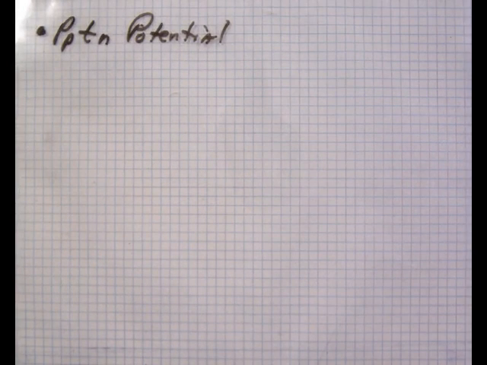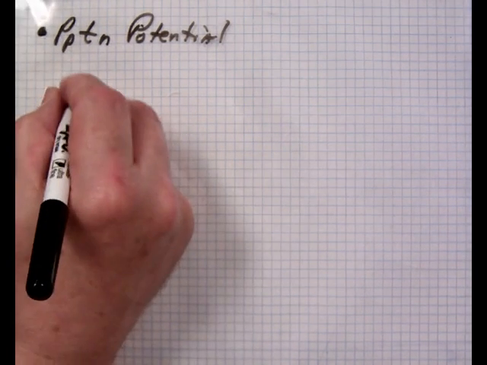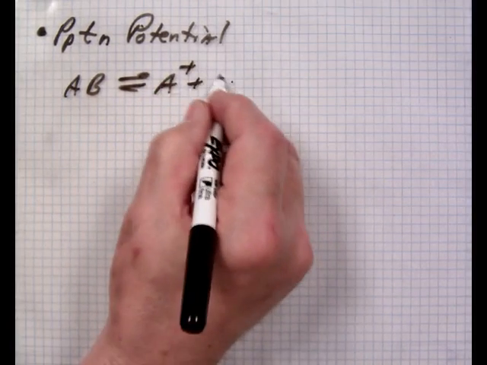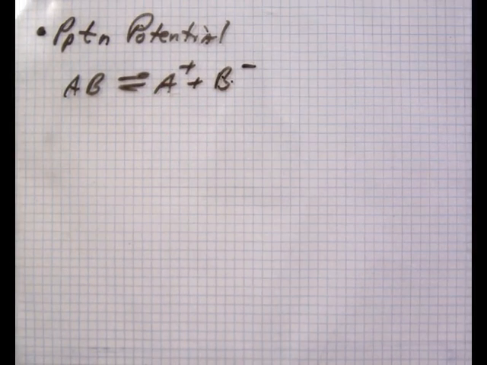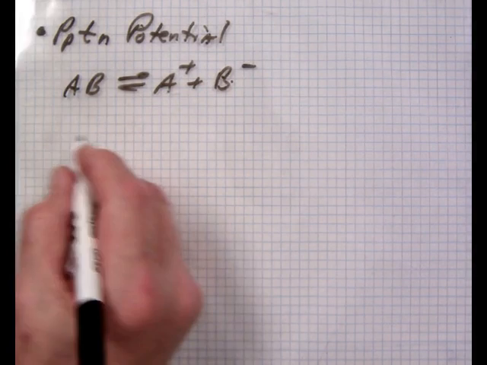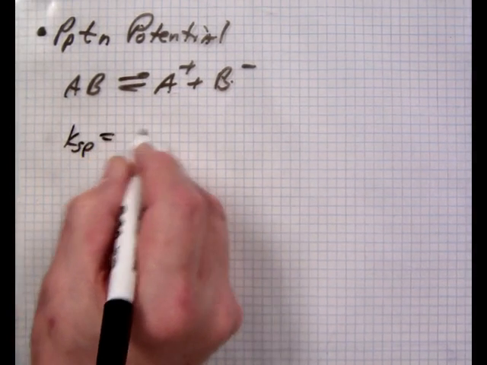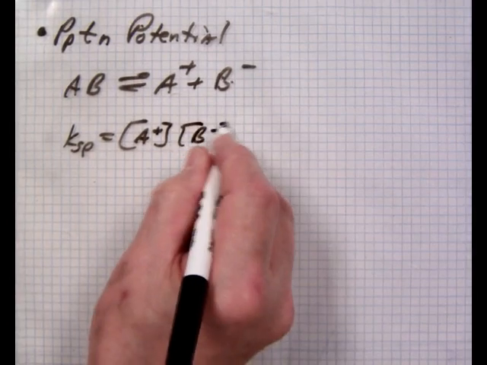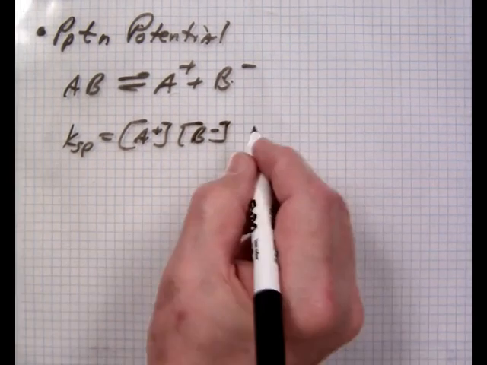Okay, you'll have problems where concentrations will be given for ions that will be mixed together. And for a salt AB that goes to A plus and B minus, then the KSP, say, is A concentration times B concentration if you're at saturation.